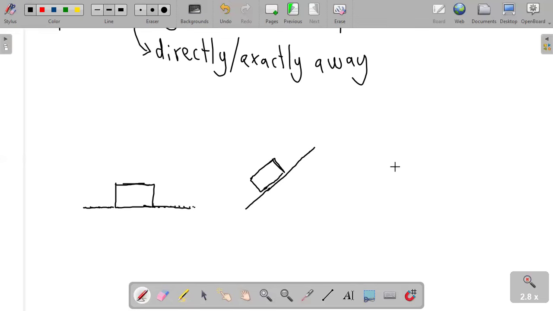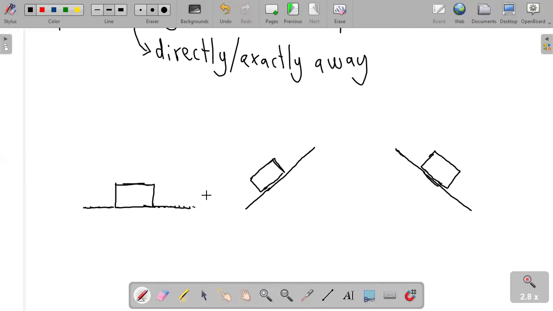Or it could be inclined in another direction, like that. So the object is still on top of the surface, and you can say it's inclined up or inclined down.